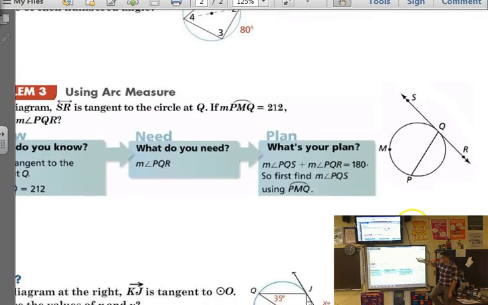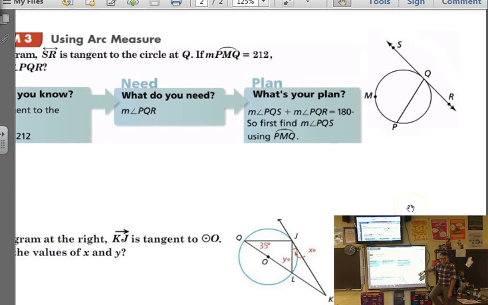So if I know my arc is 212, then this angle is going to end up half of that. Because guys, think about it. My red angle plus my blue angle have to add up to what? 180. And my entire circle has to have how many degrees? 360. So it makes sense that when we have a supplementary linear relationship, we have the same sort of relationship on my arc measures.